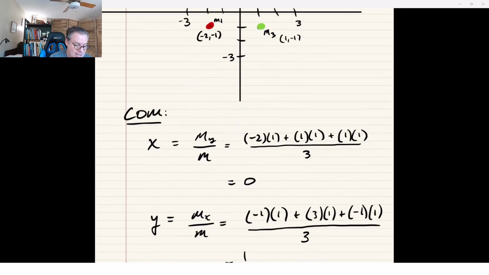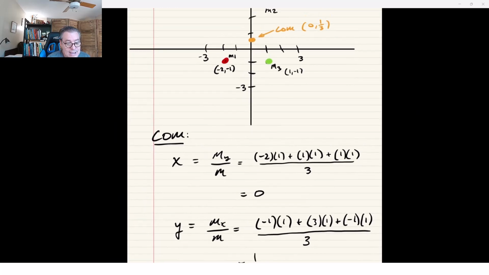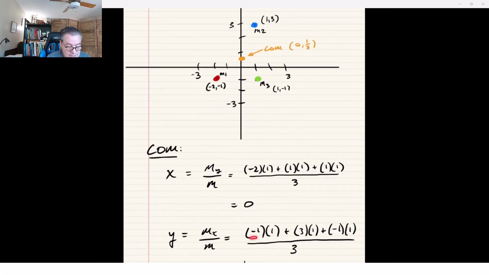And for the y value for the center of mass, I get the moment about the x, which is all of the y components of each coordinate.